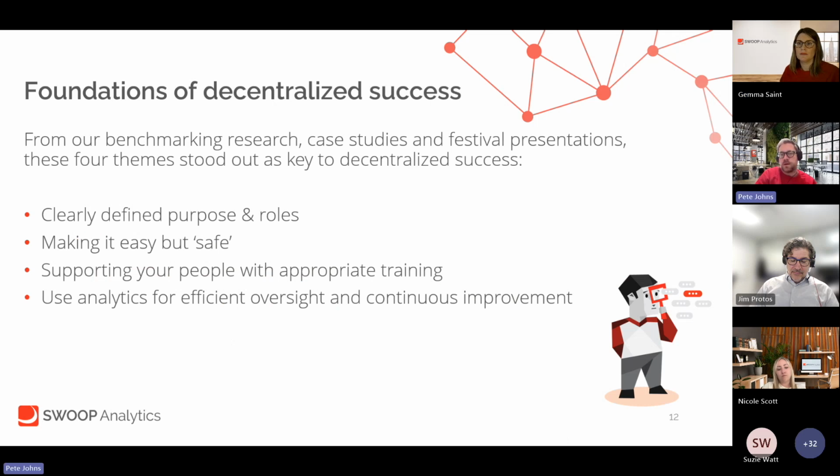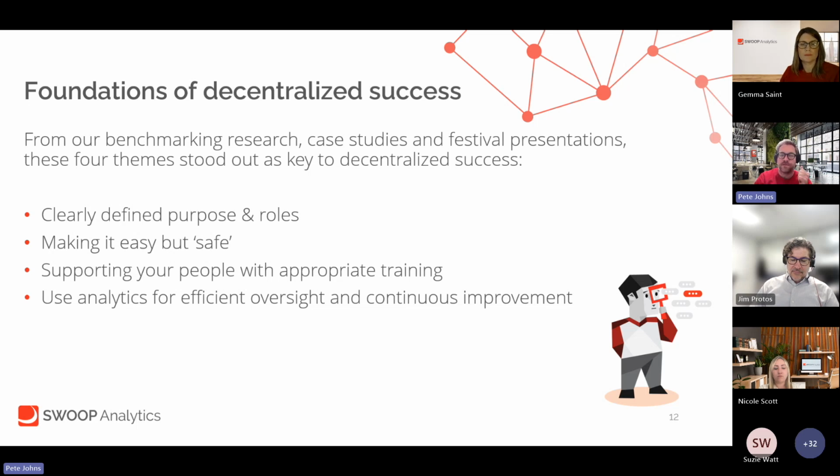Cool. All right, so foundations of decentralized success. From our research, from our case studies, presentations, and conversations we're having all the time with people who are running intranets of various different shapes and sizes in various different organizations, we've wrapped it up into these 4 key themes that stand out as key to decentralized success.